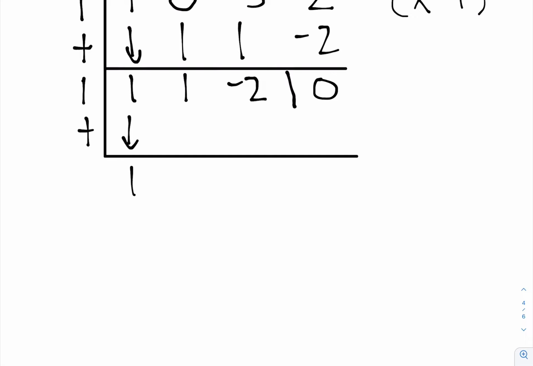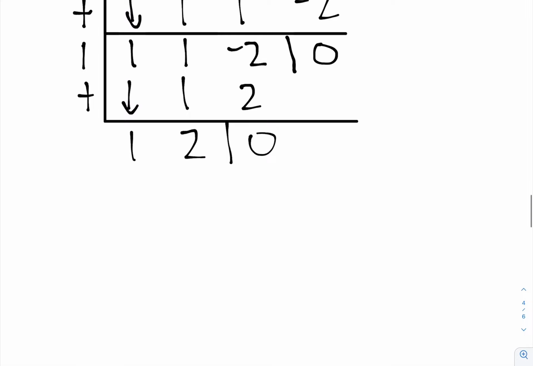So remember, we carry down the 1. 1 times 1 is 1. 1 plus 1 is 2. 2 times 1 is 2. Negative 2 plus 2 is going to be 0. So this is what we're left with: 1, 2, and the remainder 0.